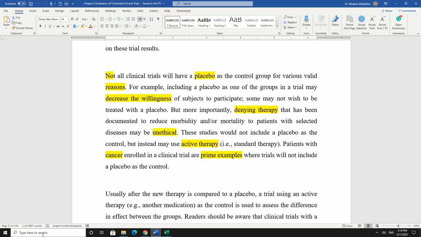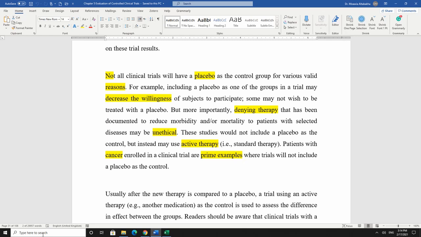I mean already the prescribers, they don't use that therapy as a first line. So if I prove that my drug is better than the drug that is not really used by prescribers, then I will not benefit if I say that my drug is better than that.